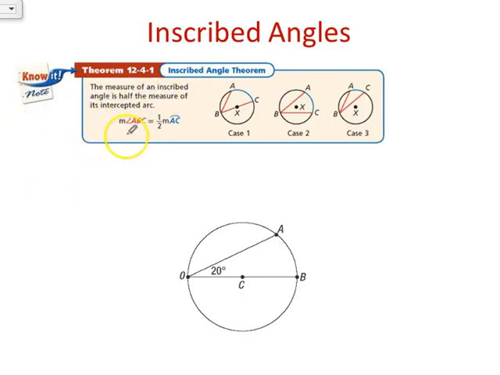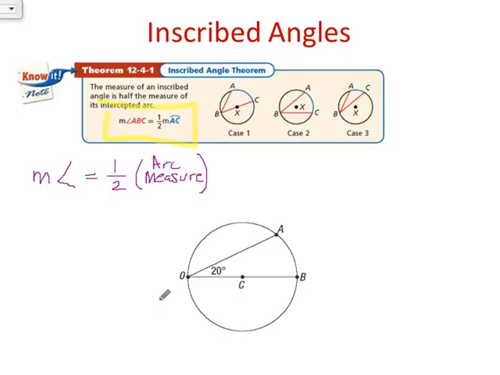So the measurement of an inscribed angle is equal to 1/2 of the arc measure. Kind of just say that in layman's terms.